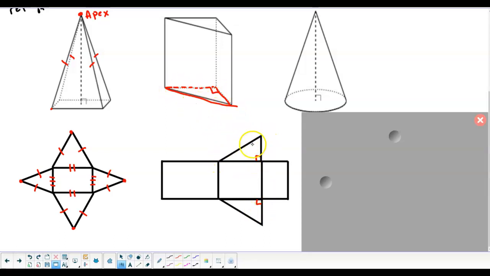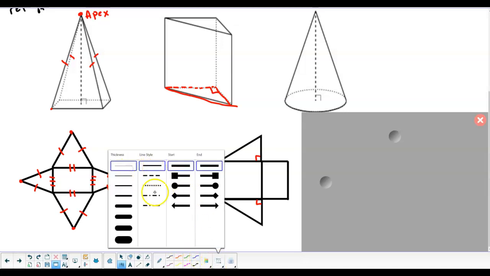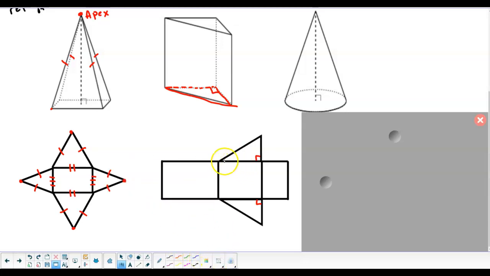Then I would draw one triangle on top, one on bottom. And now here's the key part, congruent markings. We want to make sure our congruent markings all match up. So what has to be congruent? Well, obviously, this side length and this side length here have to be congruent. Those are the easy ones. But what about the short side of the triangle?